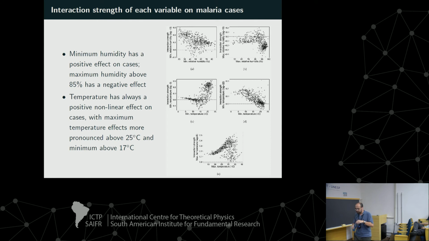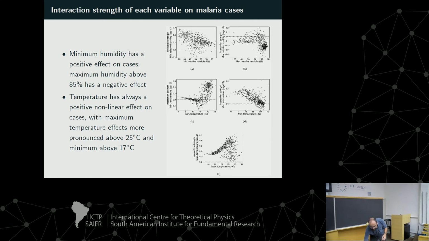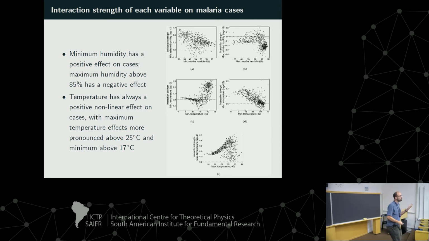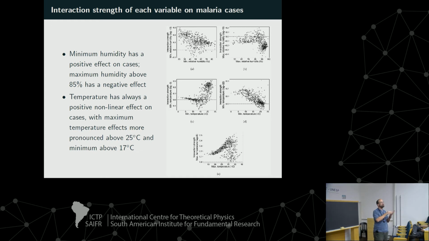So we can look at the weights of each variable to see how it affects the number of cases. When you do the prediction, you have those weights, and if you look at them, you can say, okay, for this point here, I'm using a stronger weight for temperature than humidity.